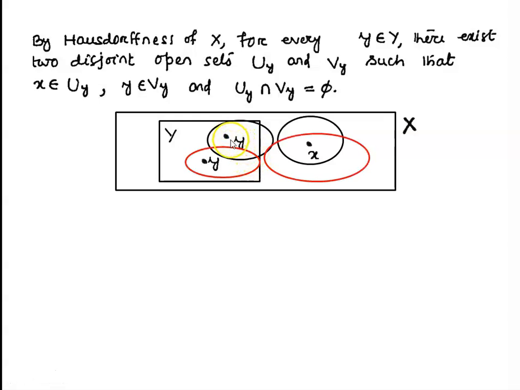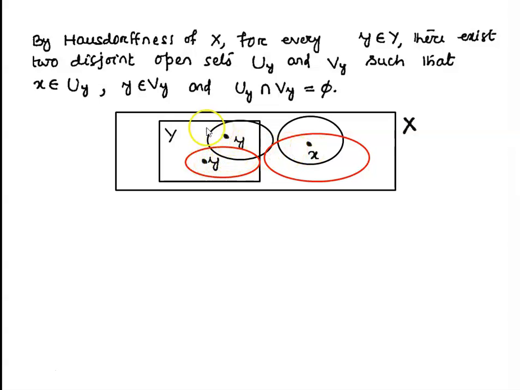If we vary this y all over the set Y, then y and X are two distinct points. If our y is here, then this y and this X, which is lying outside Y, are two distinct points of the space X. So by Hausdorffness, we'll get two disjoint open sets which separate X and this y.